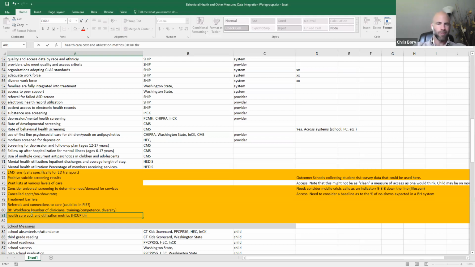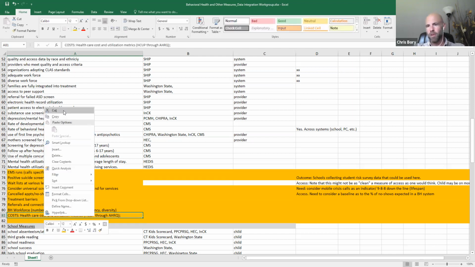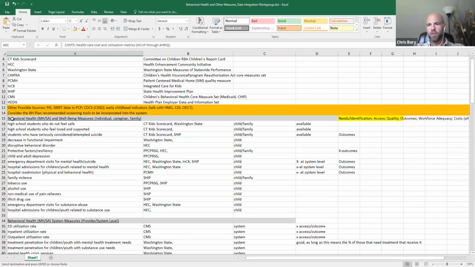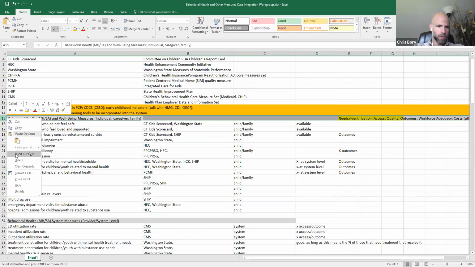And then I do believe that SAMHSA also has an annual behavioral health survey, and there may be some SAMHSA-related metrics in that survey that we could adopt or take on. They look at the state of the nation on behavioral health, but I believe there may be some metrics that we could identify in there as well. So just two additional sources possibly.